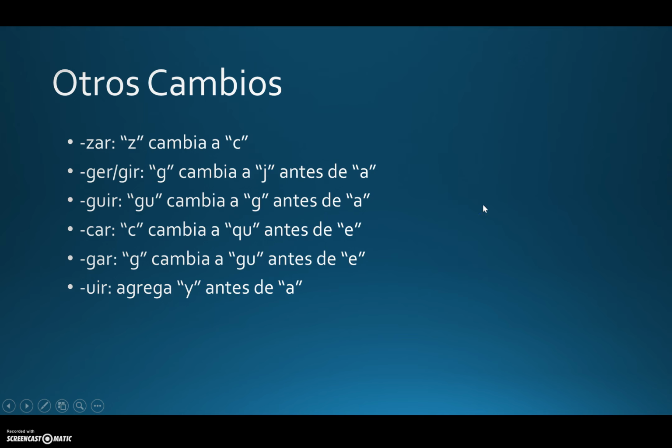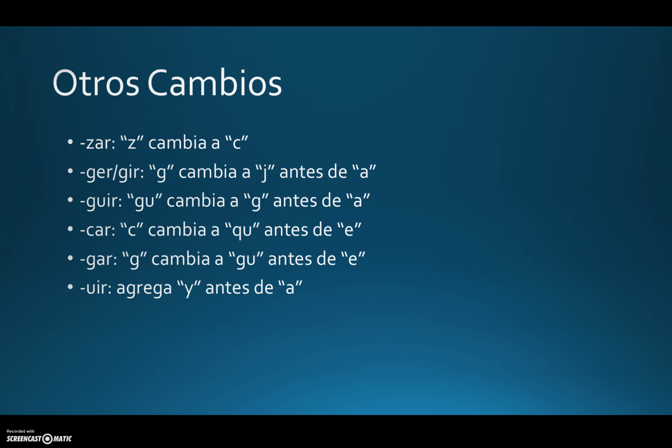Hay otros cambios. So for the sake of simplicity, I'm just going to say this in English. Verbs ending in zar, the z changes to c. With verbs ending in ger or gir, the g changes to j before an a. With verbs ending in guir, the gu changes to g before an a.